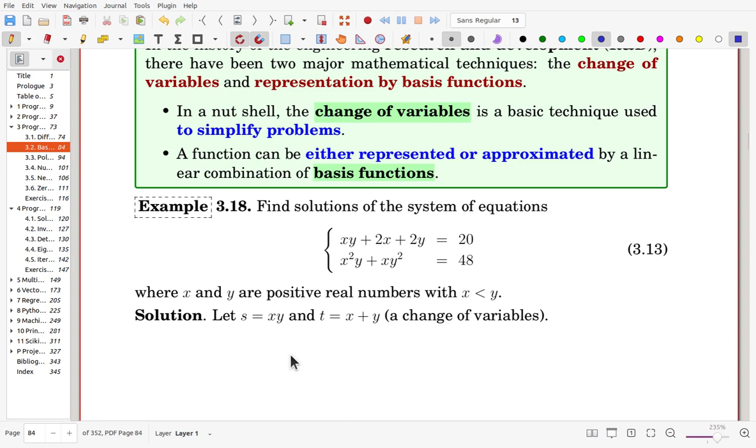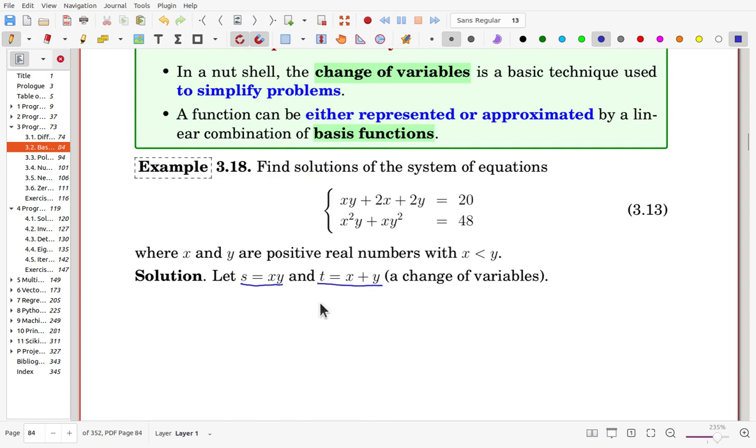Here, we'll use this change of variables: s is xy and t is x plus y. Because these portions can be written as xy and x plus y, we can simplify these terms.